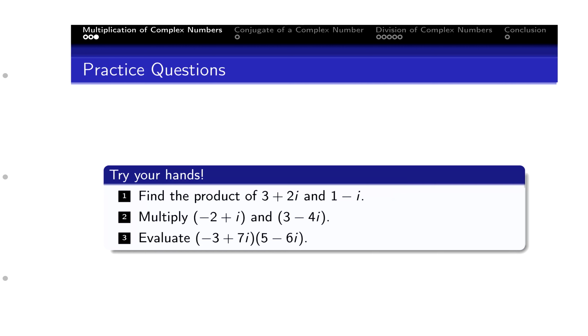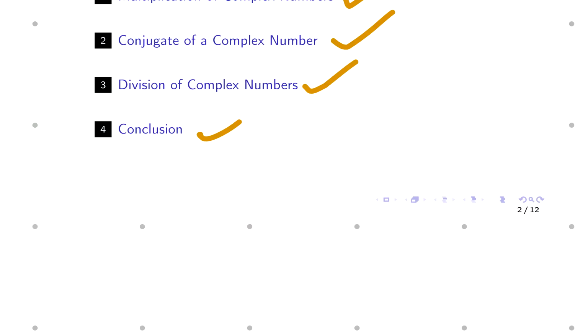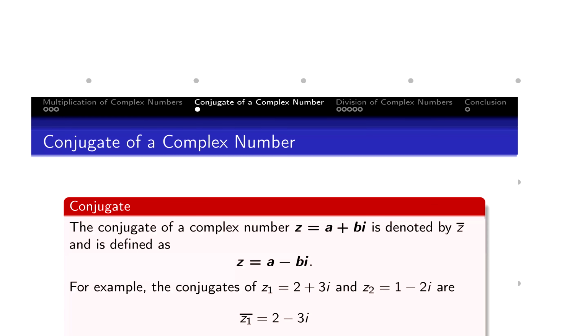Okay, so with that, we move on to the concept of division of complex numbers. Before we do that, we go to conjugate, because we need the idea of conjugate when we talk about division of complex numbers.